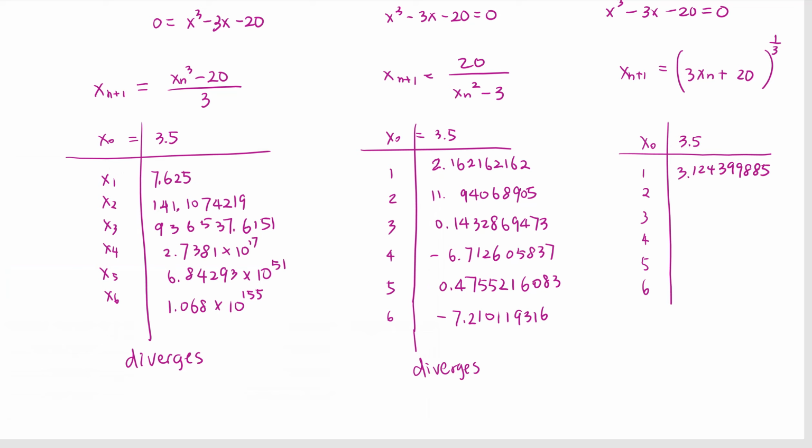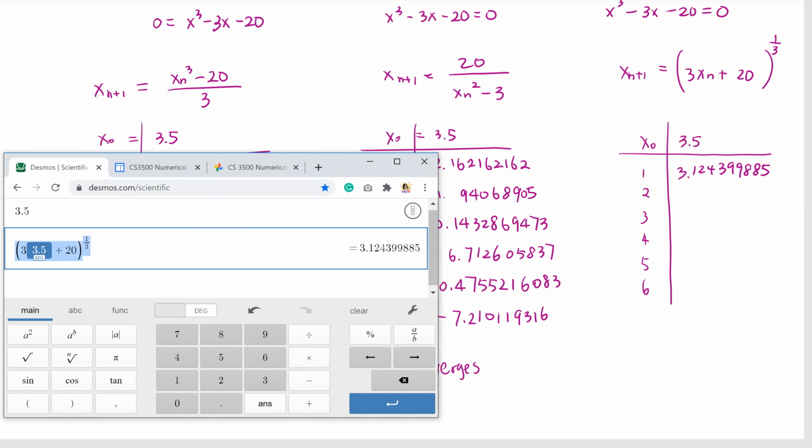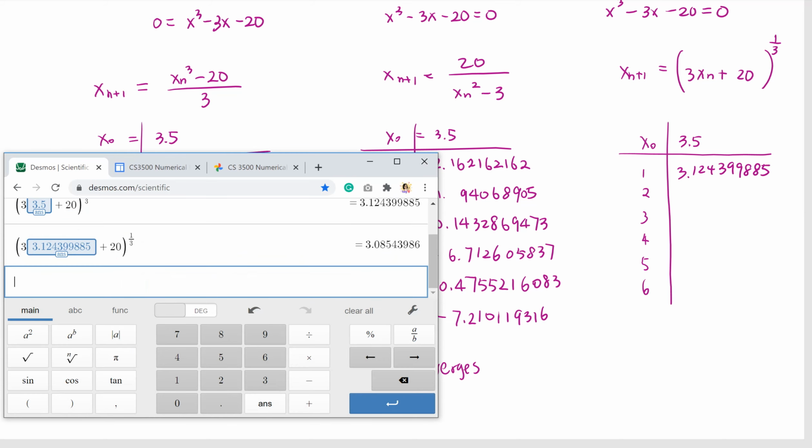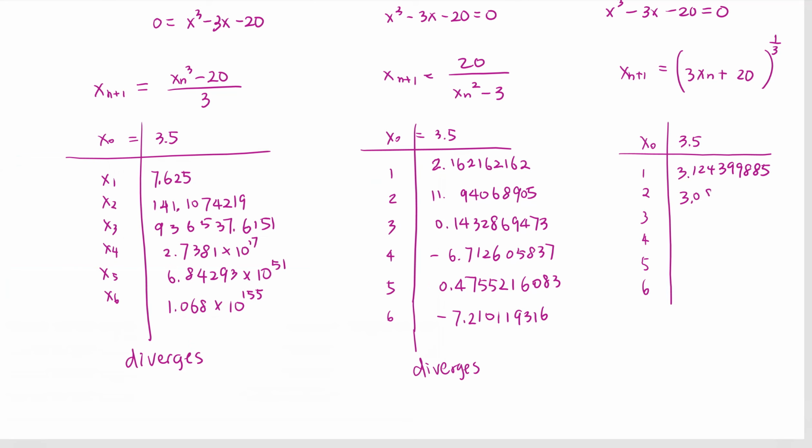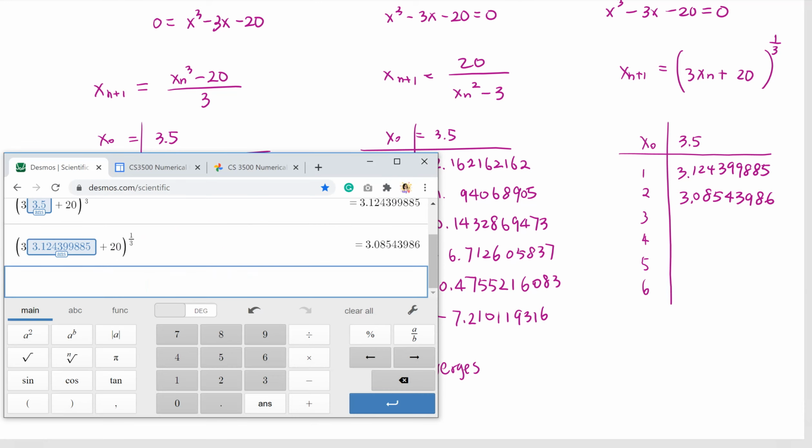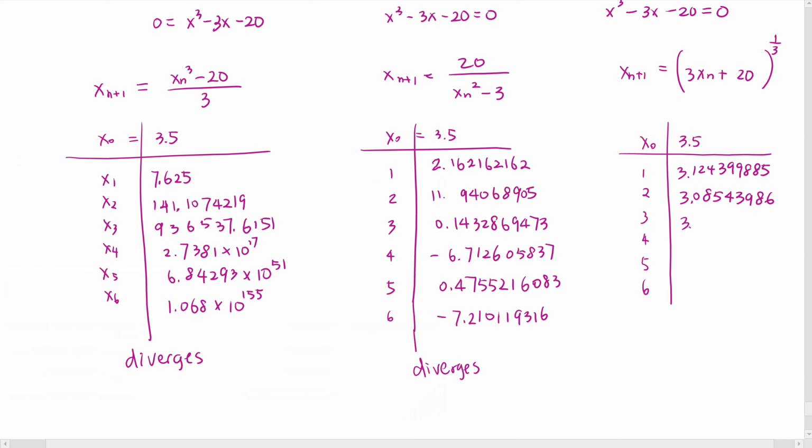Copy and paste, and you go up and enter, or just click enter. 3.0854396. And then 3.08134194. Ooh, you see this?